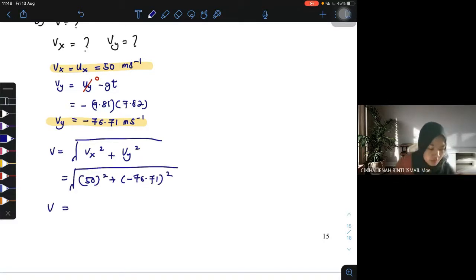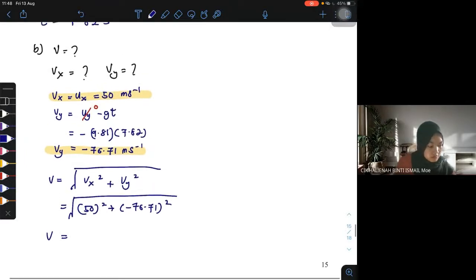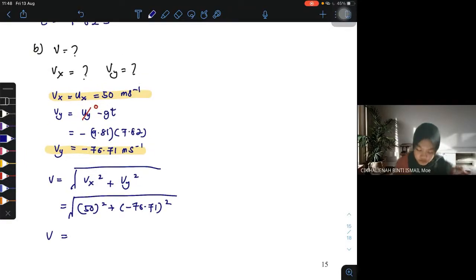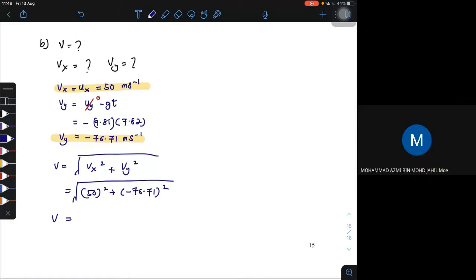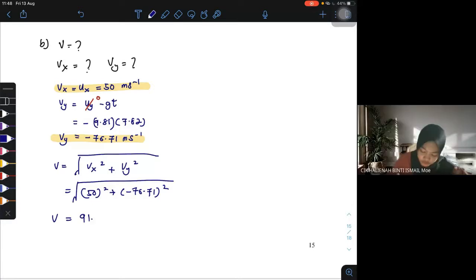And then V is equal to 91.57 meter per second.